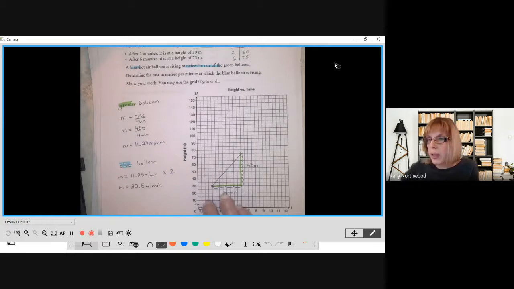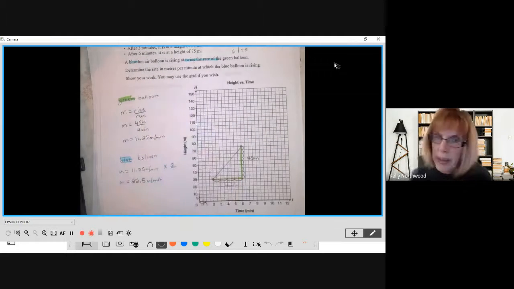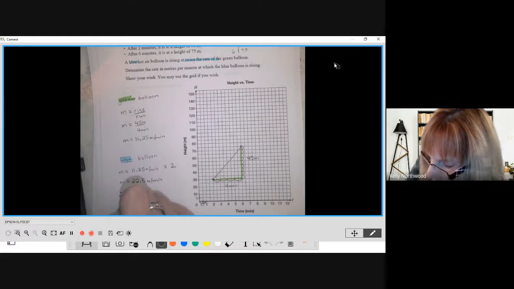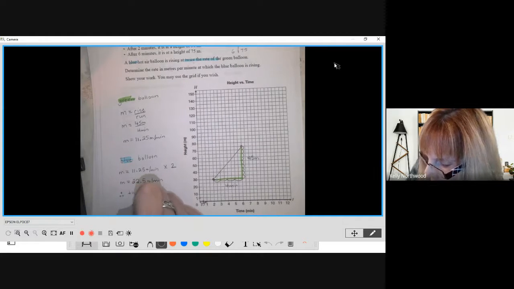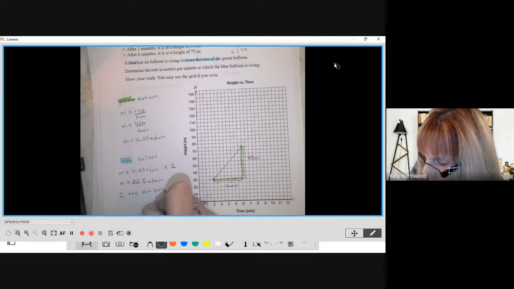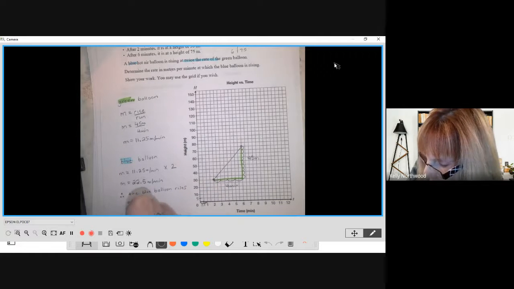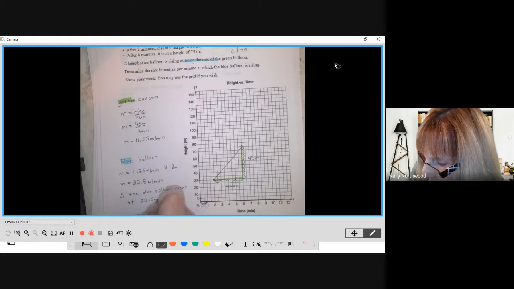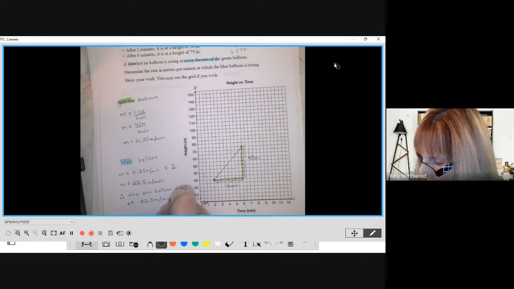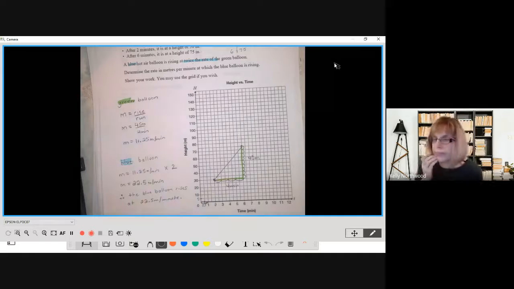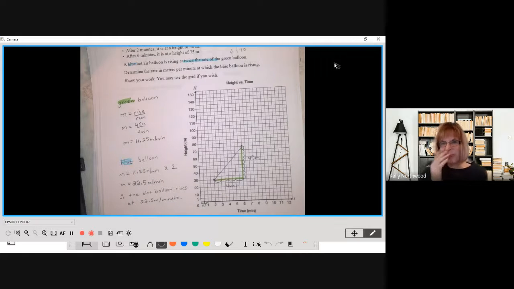And because it's a word problem, we better make sure that they know we know the answer. So determine the rate the blue balloon is rising. Therefore, the blue balloon rises at 22.5 meters per minute.